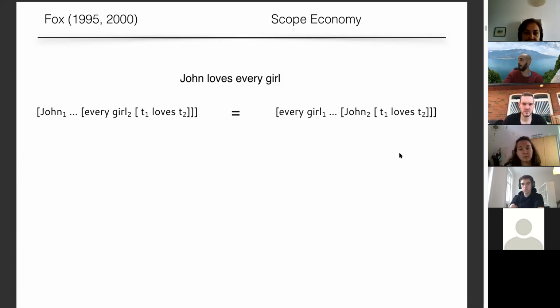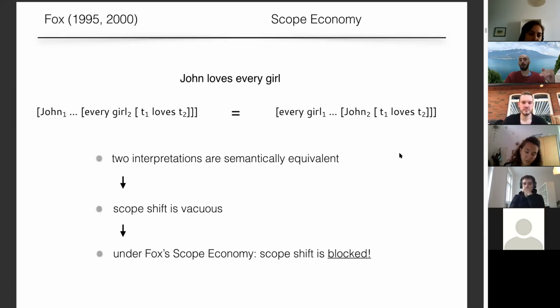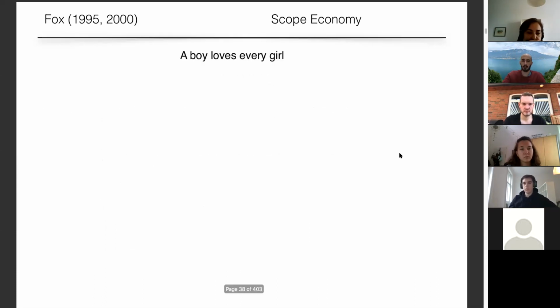Good, but this is a problem. I mean, it's not a problem for John now, but it's going to give rise to interesting things. So we conclude the two interpretations are semantically equivalent. Therefore, scope shift is predicted to be vacuous. Therefore, under Scope's economy principle, you do not do scope shift. Okay? Quite intuitive. That's fine. Good. So we're fine. Awesome.